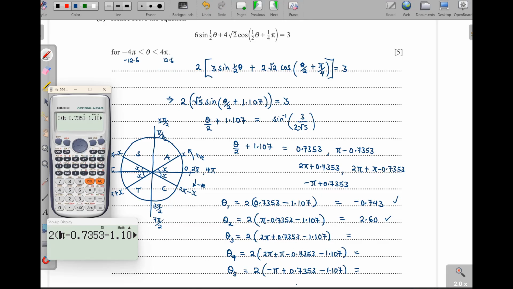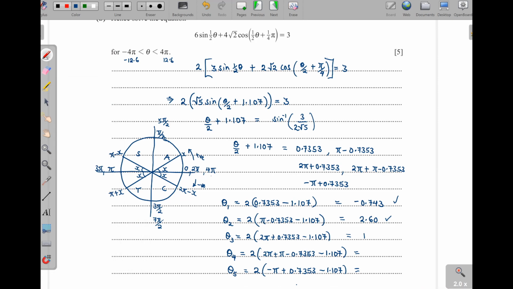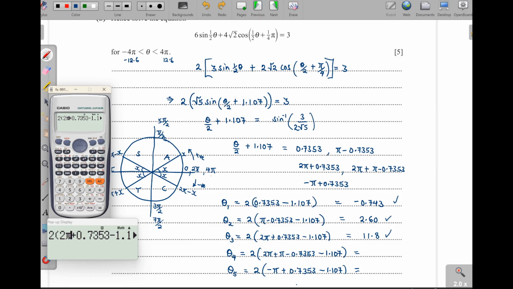We have 2 pi, so I'll put a 2 here. Then this one is a plus. There's a plus there. This is 11.8. This one is also still in the range. It is not yet above the 12. Then we go to the next one here. We have 2 pi, then plus pi, then minus the 0.73, and then the rest. So that is 15.2.